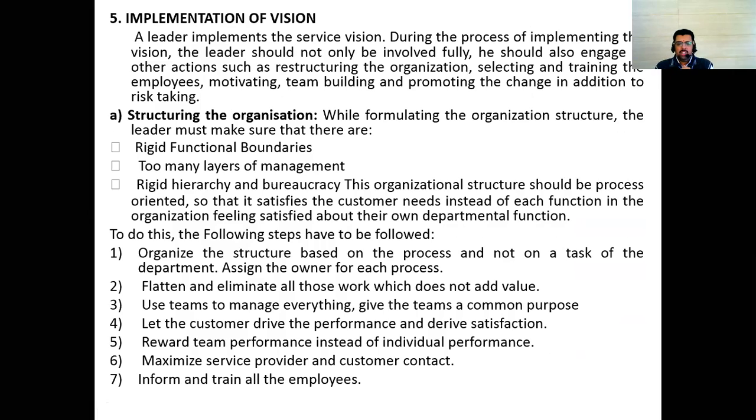By analyzing all the employees' performance, you need to give them rewards instead of giving only one reward to a single employee.